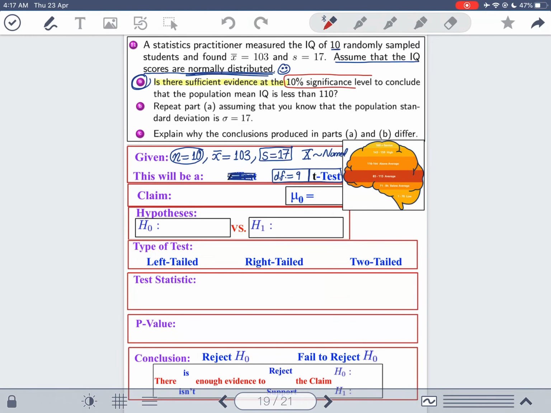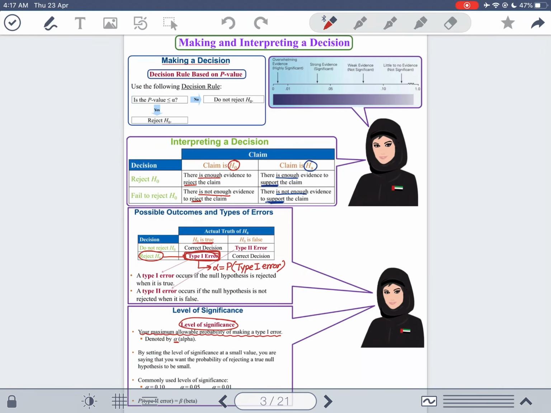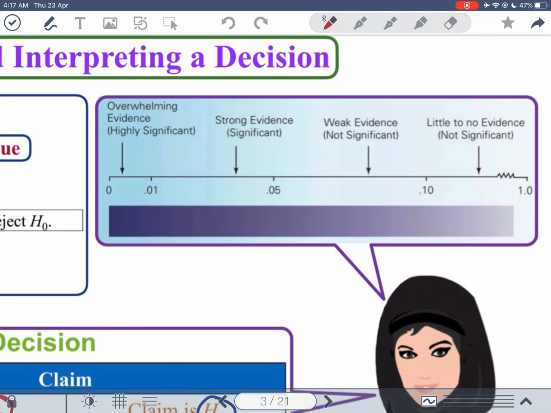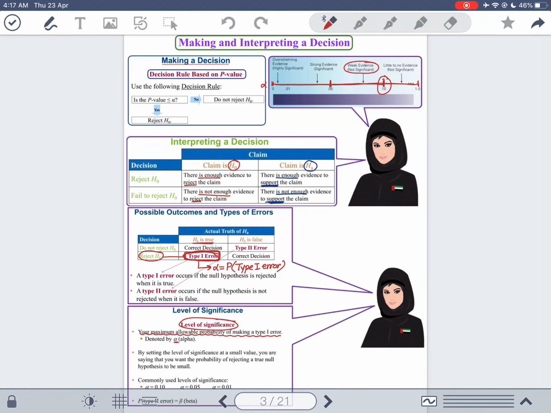This is not a very good, it's a weak significance level. If you remember, let me show you what she tells you. Here, this is alpha on this axis from 0 to 1. So at 10%, you see here it says weak evidence. Anything between 5% and 10% will be weak evidence. It's not very significant. But here we're choosing alpha equals 0.10, and we know that it's not a very good thing to choose.